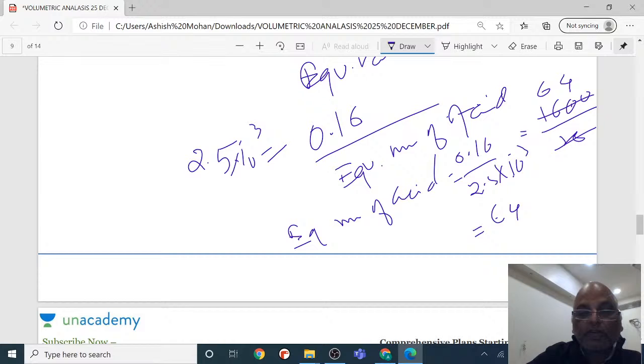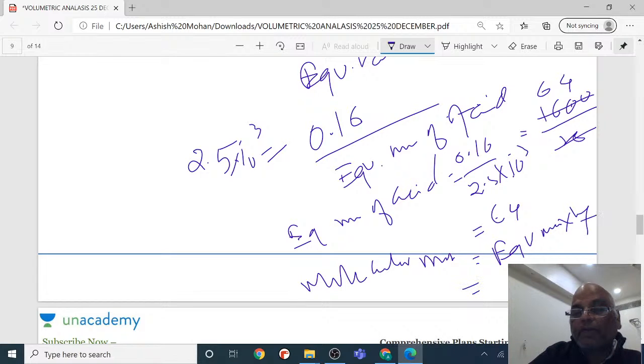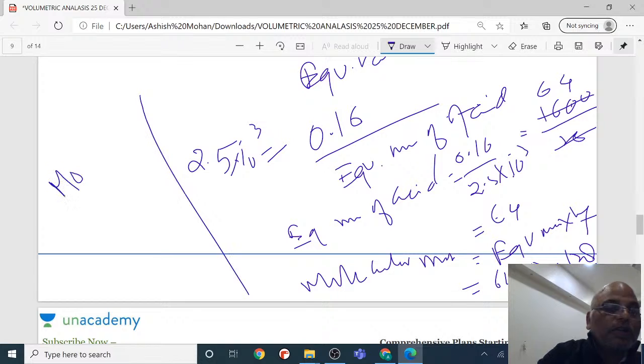Molecular mass is equivalent mass into n factor. Equivalent mass is 64, n factor is 2, so 128. So the molecular mass is 128.